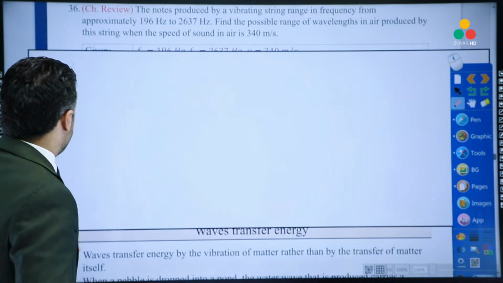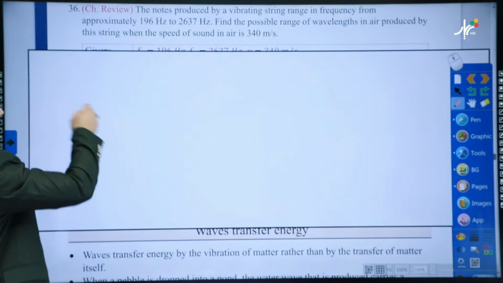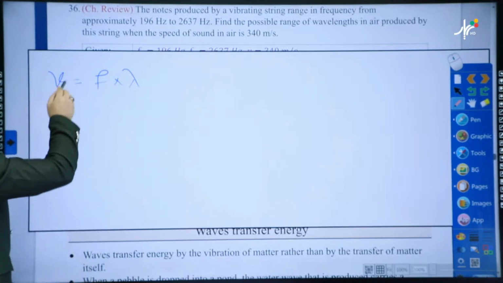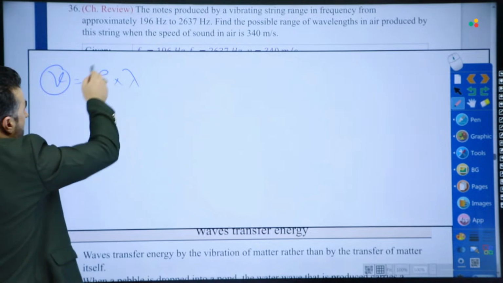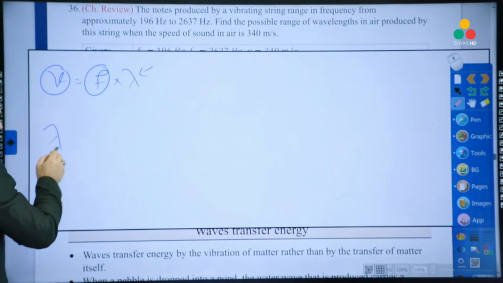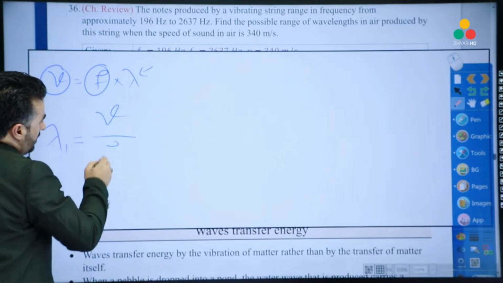We do know that speed equals frequency times the wavelength. Since the speed is the same and we have different frequencies, we're going to find the wavelengths. The first wavelength equals speed over the first frequency.